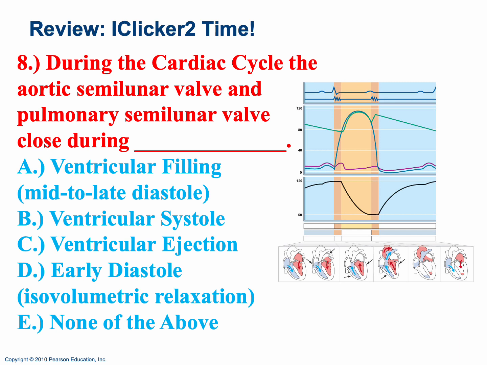During the cardiac cycle, the aortic semilunar valve and pulmonary semilunar valve close during which stage in the cardiac cycle? Based off of these choices, what do you think will be the correct answer? Go ahead and take a moment to determine your answer.